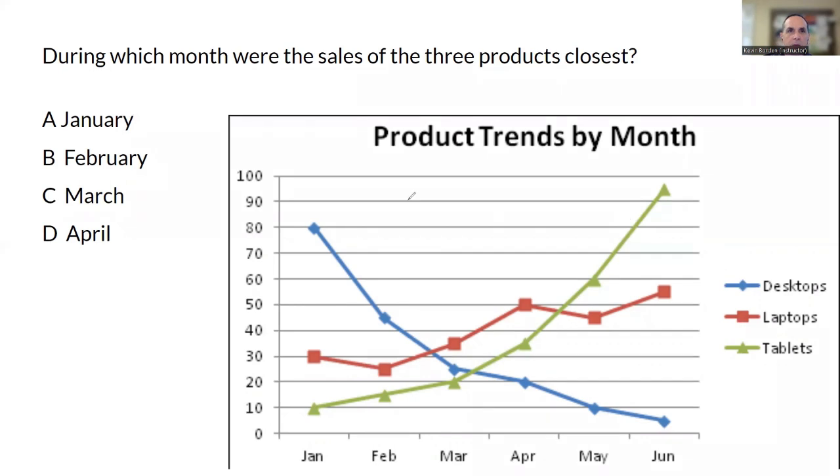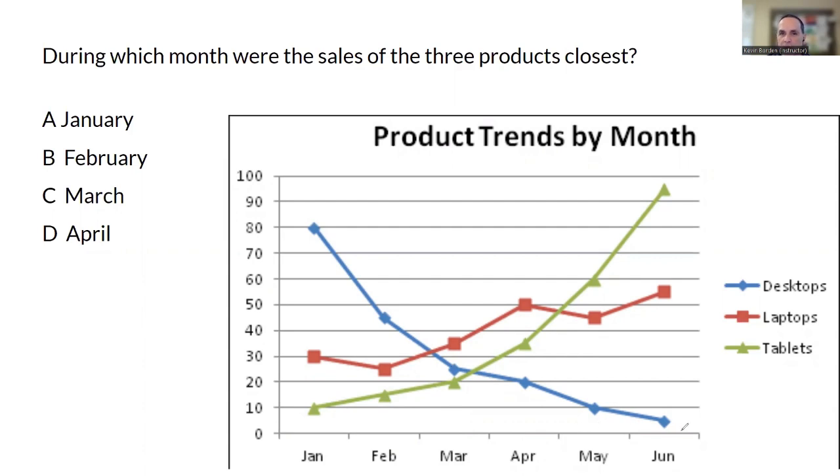Okay, so it's pretty much what the problem says. We're looking for during which of these months these three dots are the closest to each other. Well, January, they're not very close. February, it looks like they're getting closer to each other. March, they're pretty close. April, they're getting further away. May, even further away.